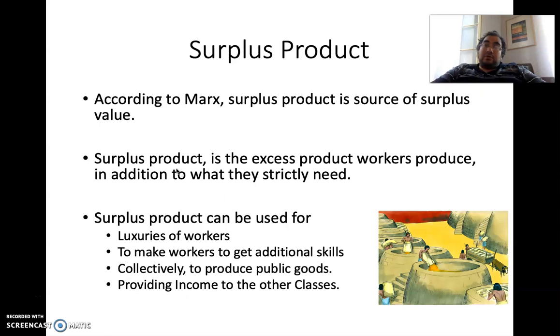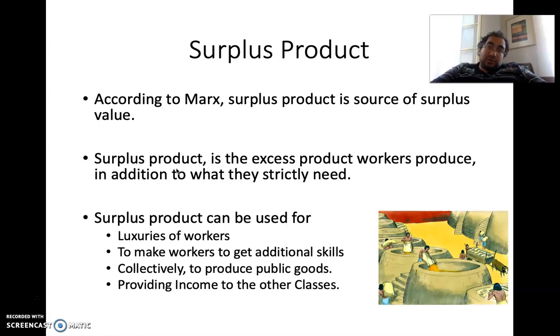And that extra product was called surplus product. That concept was very clear for many early societies. Part of the product was surplus. They could store it and use it for the catastrophic, worse years, and they could also use it to buy luxuries.